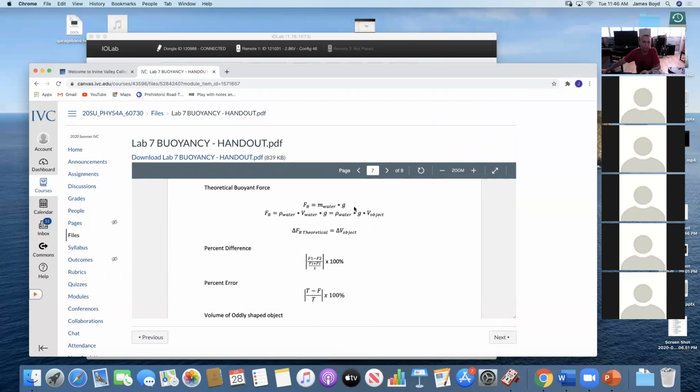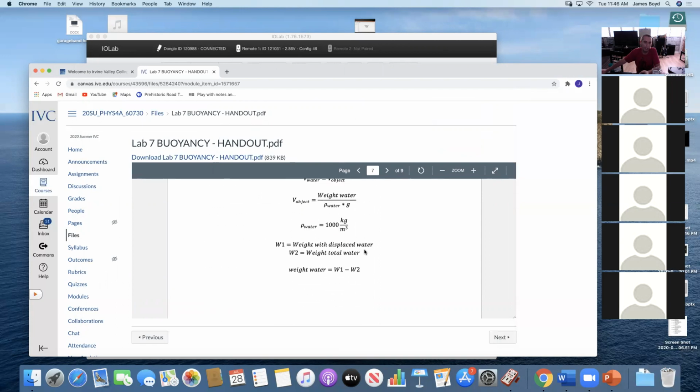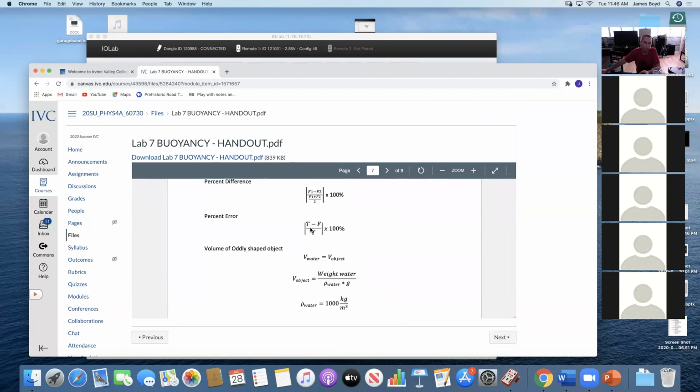But if you treat the theoretical as 1,000 times 9.8 times the volume you measured with the ruler, so my theoretical would be 0.328. I can do the percent error here. So I would get 0.328 minus 0.393 divided by 0.328, and I get about 20% off.